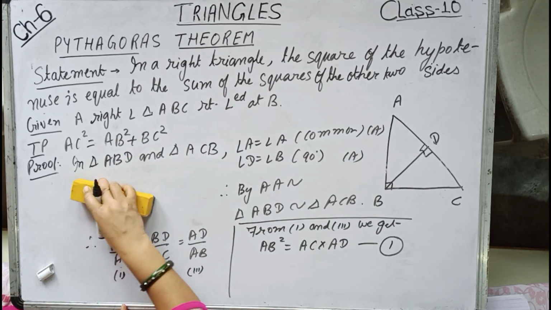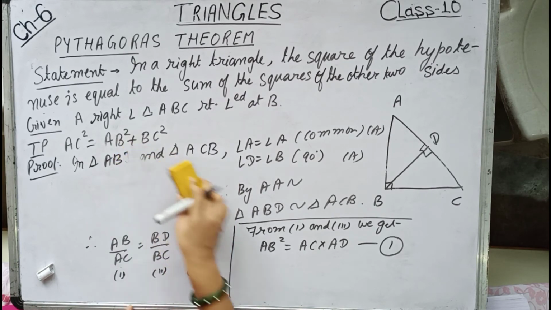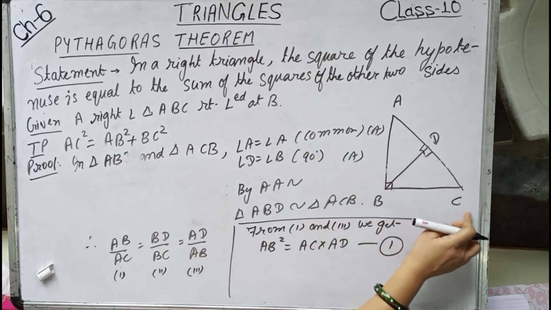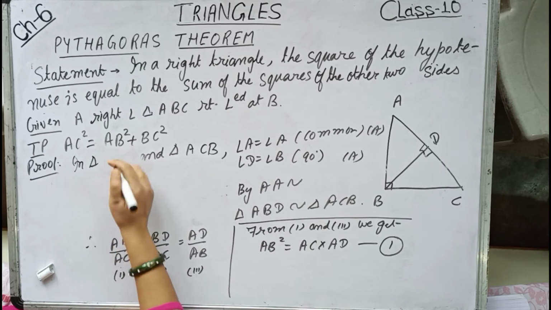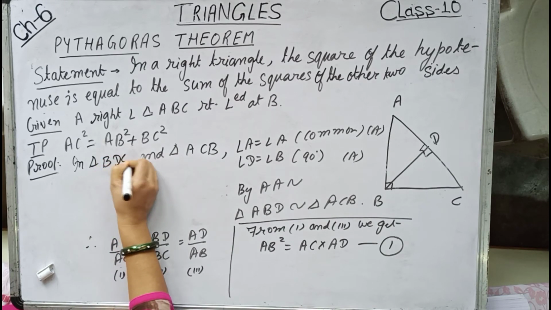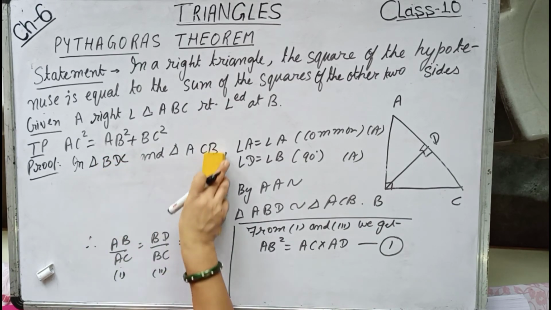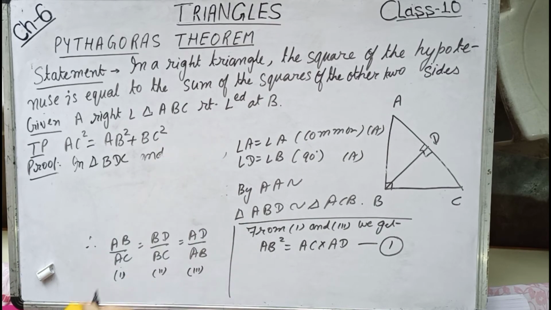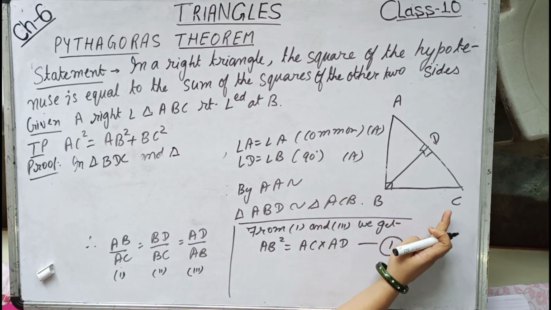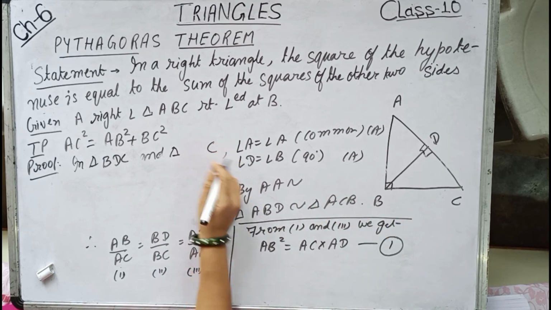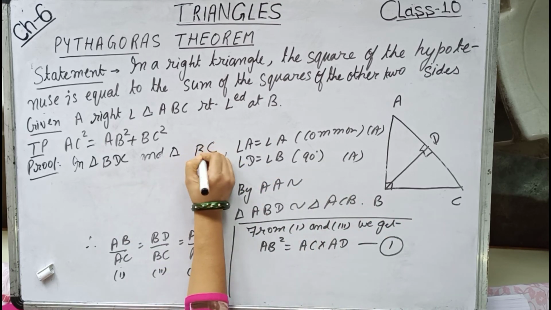Again, after this, in triangle BDC. So I am writing over here in triangle BDC. Naming of the first triangle we are free. Naming of the second triangle is dependent on the first triangle. And triangle. Now for the bigger triangle, angle C is common, D is 90, over here B is 90.